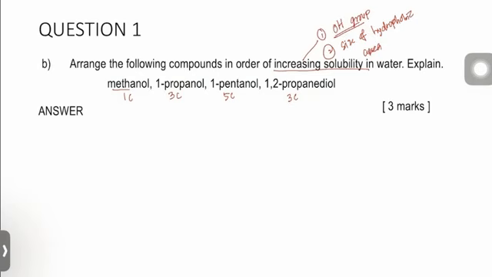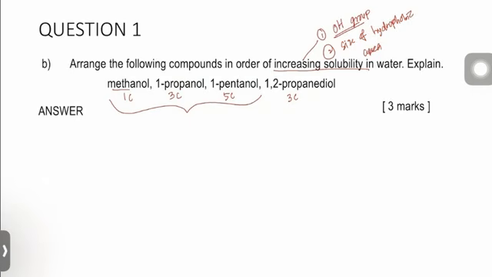Now we take a look at the other 3 alcohol compounds. Methanol has the lowest number of carbons, meaning it has the smallest hydrophobic area. Remember, the smaller the hydrophobic area, the more soluble the compound.